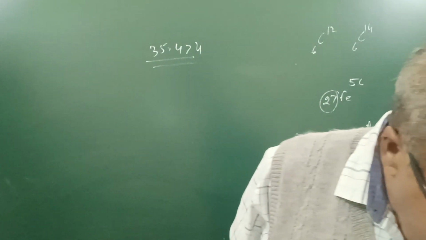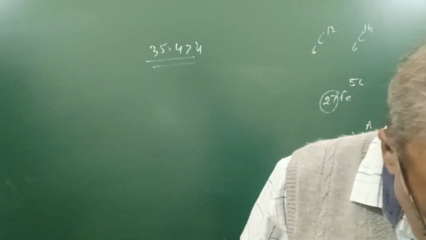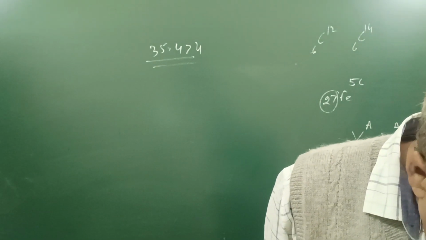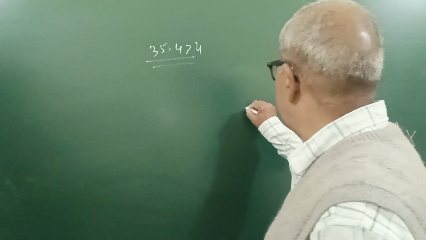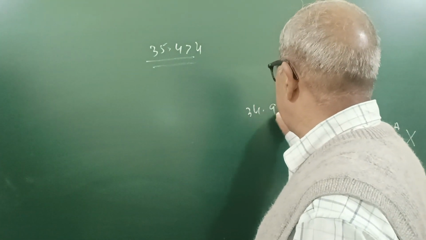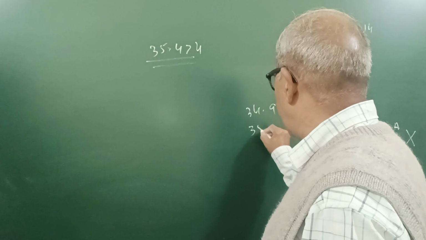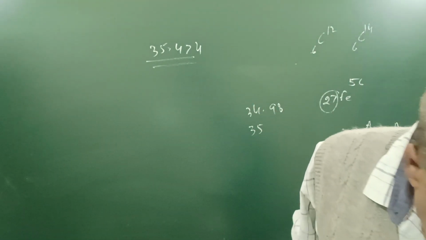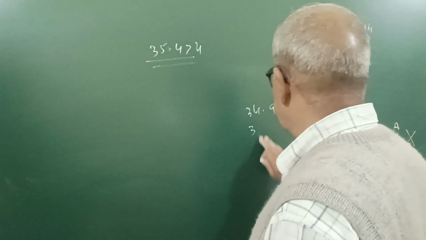Here one example is given: chlorine has 2 isotopes whose masses are 34.98 and 36.98.